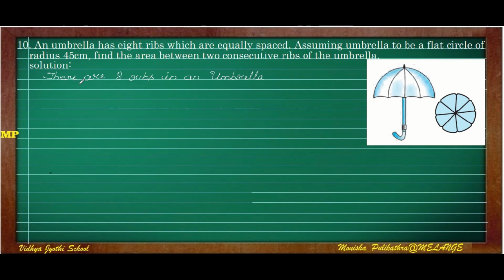So 45 centimeter has been given, but the angle is not given. But we know that if it is a circle with the sector in this, we can find out the angle. So first we have to find out the angle between the consecutive ribs.